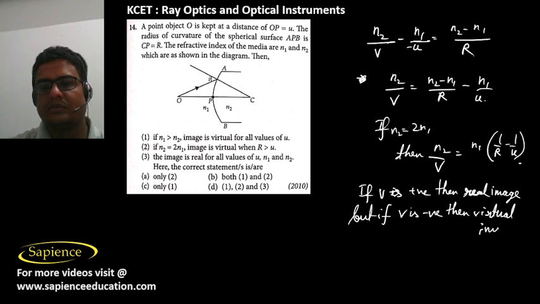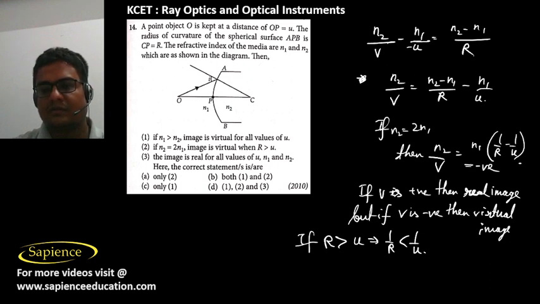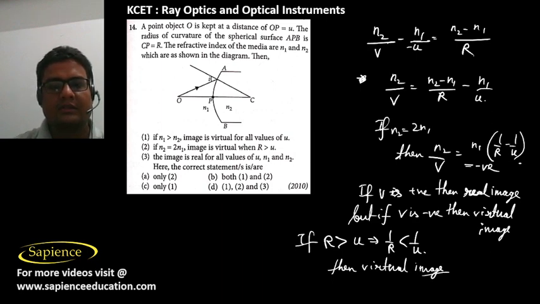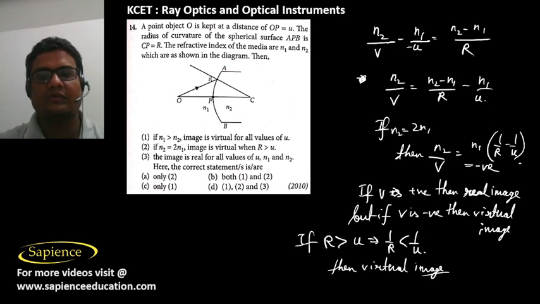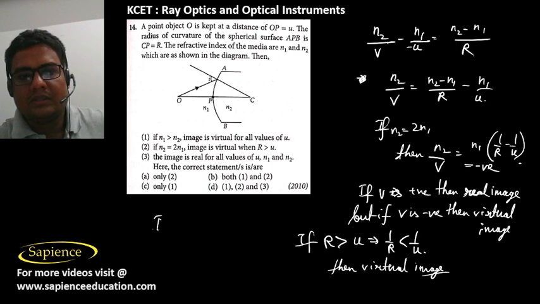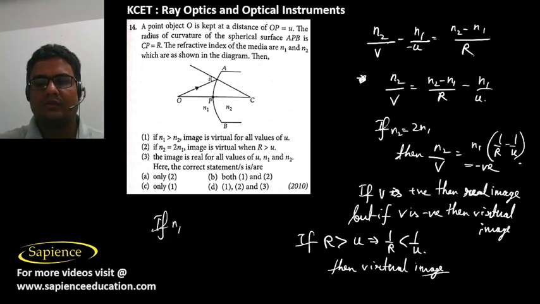Now, if R is greater than U, then it means that 1 by R is less than 1 by U. It means that this part will be negative. So then we will have a virtual image. So the second statement is correct. And then we have to check the first one and the third one also. If N1 is greater than N2, then this part is negative, then this part is also negative.